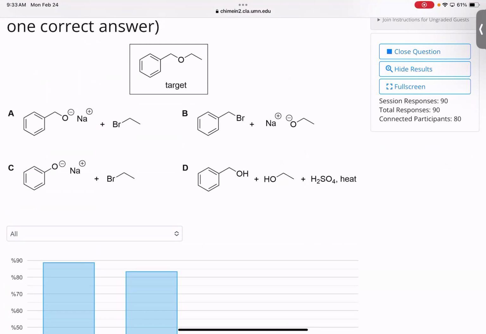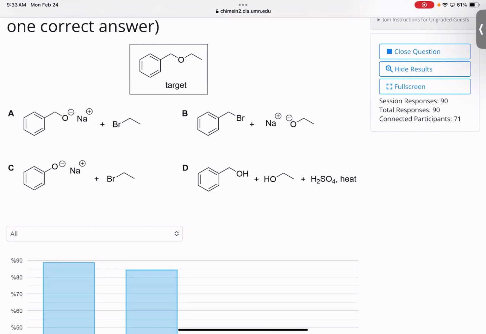Number C doesn't have the right number of carbons, right? We're starting from a phenol as opposed to a benzyl alcohol or alkoxide. And then D, we don't have something that's quite nucleophilic enough. And so remember, we're thinking about unsymmetrical ethers here. And so if we have these acid conditions, we're going to get a mixture of different ethers that form.